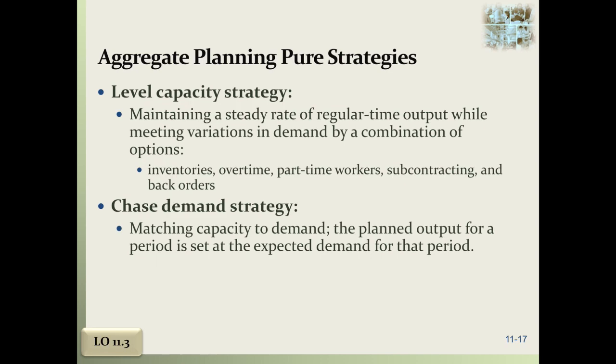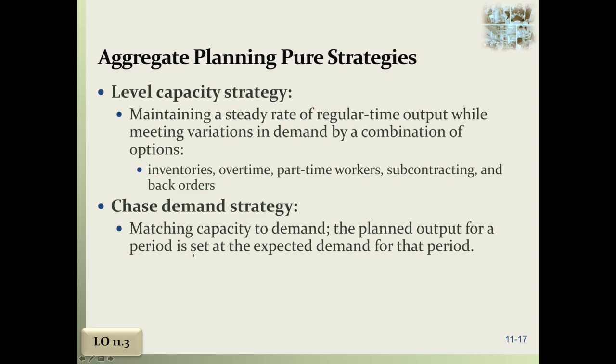Maybe each month you produce 60. Some months you might have some inventory, some months you might have some part-time workers, some months you might subcontract, but you're going to maintain a steady rate of regular time output while meeting those.